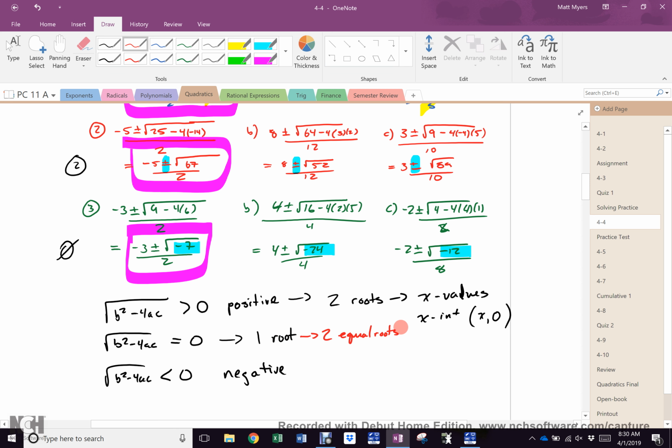On a graph, there's only going to be 1 x, 0. So it looks like there's only 1 root, but because it's a quadratic equation, it's technically 2 roots. Everybody understand? And obviously the third one is negative. There will be no roots, which means there is no x zeros anywhere.